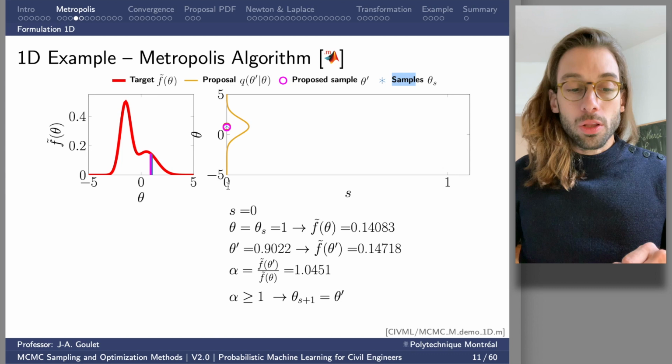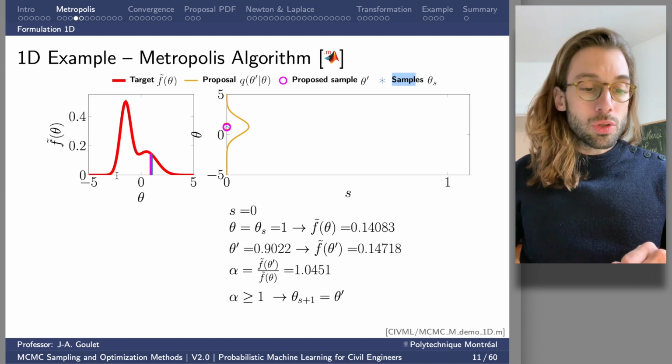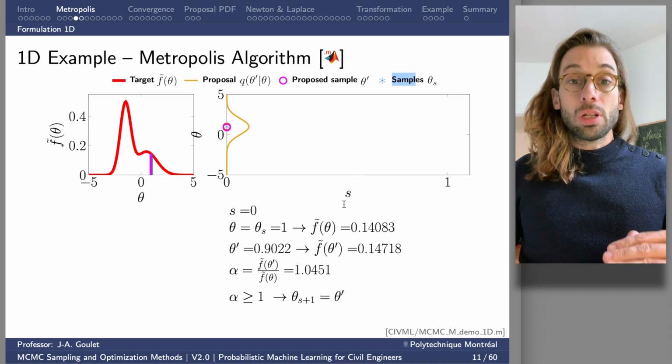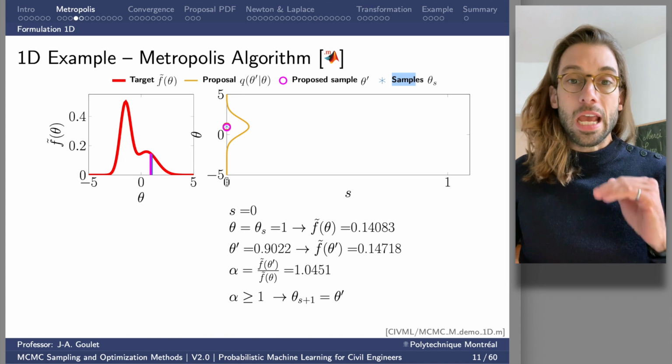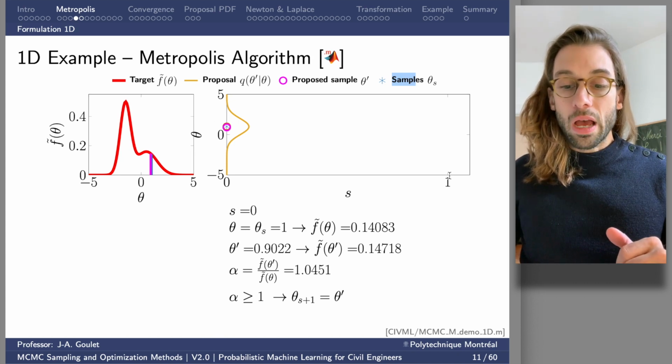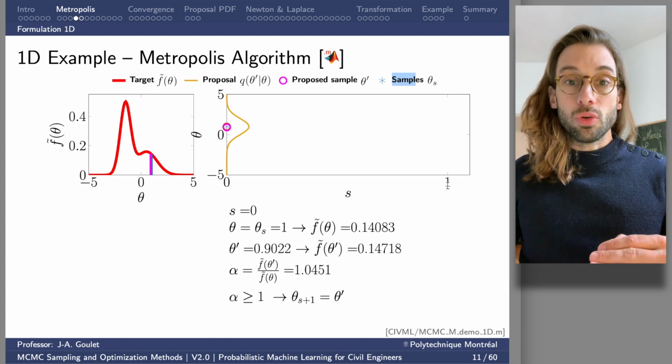On the other graph, the horizontal axis is the number of samples I've taken. So 0 is my initial starting point for my chain. Here I want to move to my first sample.